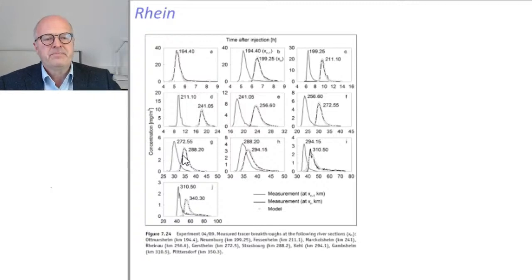So actually, by fitting the model, Christian Leibundgut was then able to follow a pollutant along the Rhine River and to predict the decrease in concentration, to predict arrival time, peak concentration, and to predict a time at which most of the tracer or pollutant was gone again.